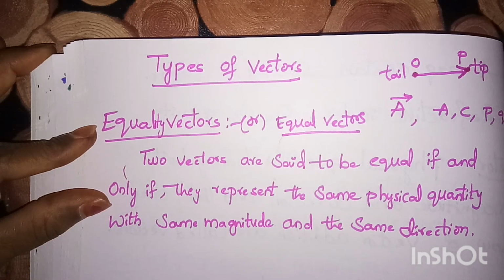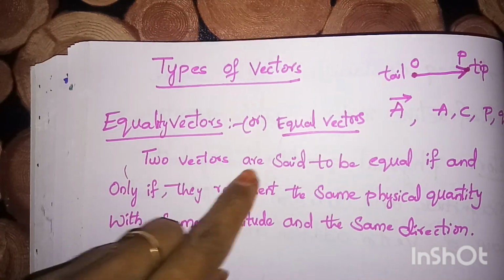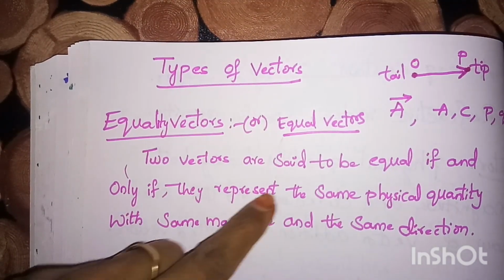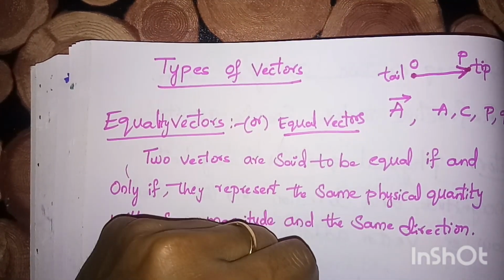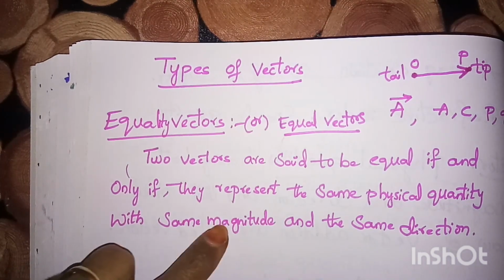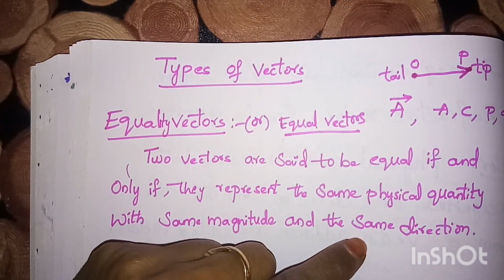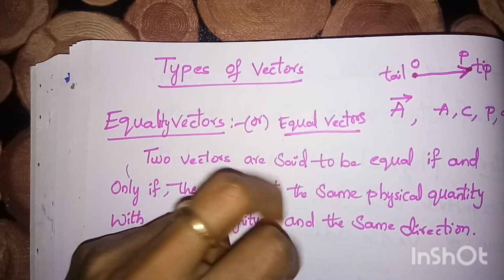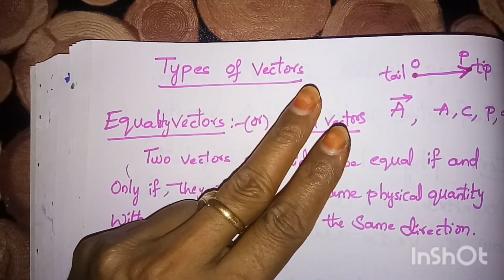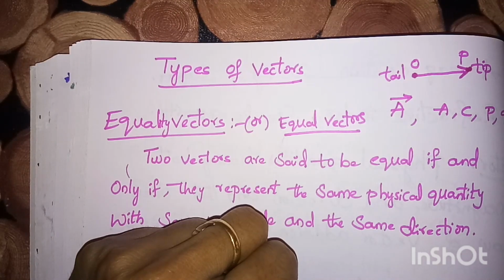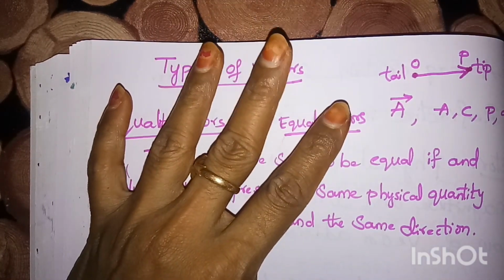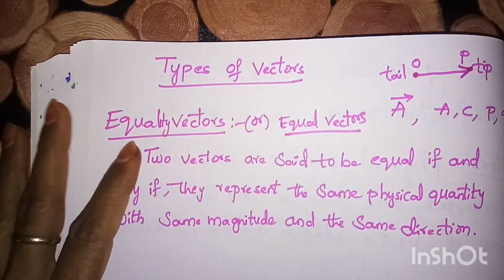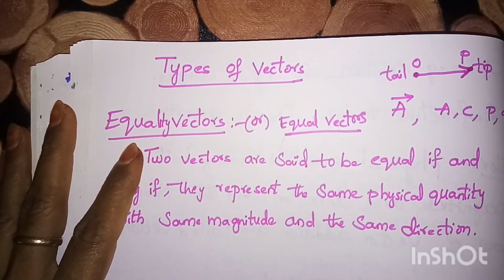Two vectors are said to be equal if and only if they represent the same physical quantity with the same magnitude and the same direction. Such vectors we call equality vectors or equal vectors.